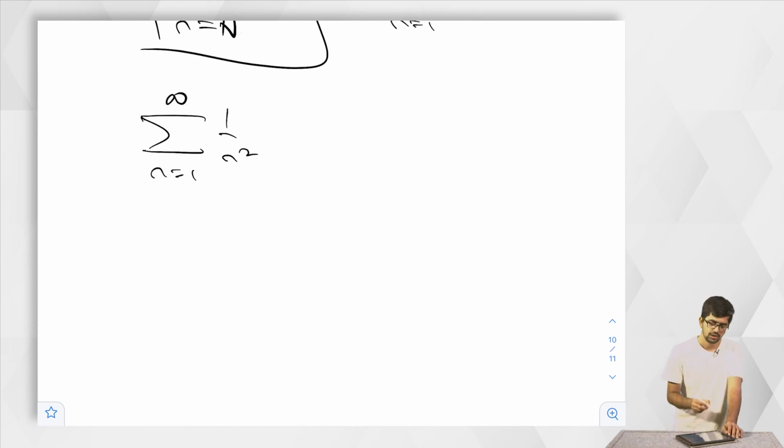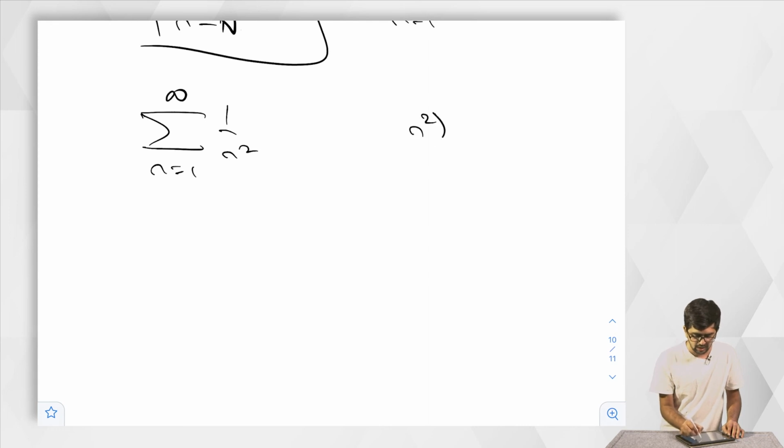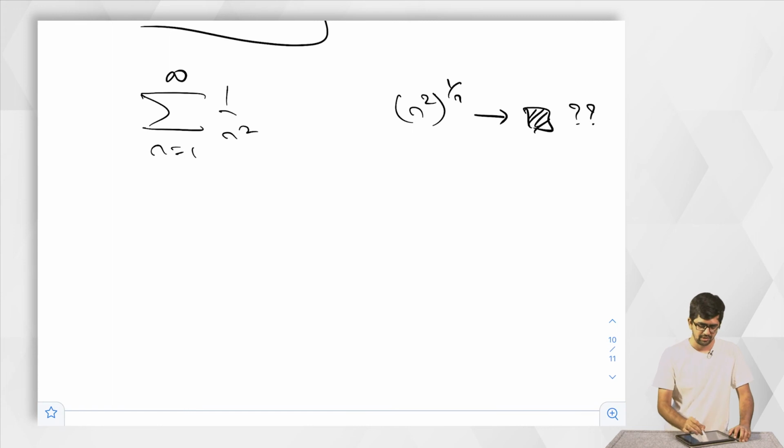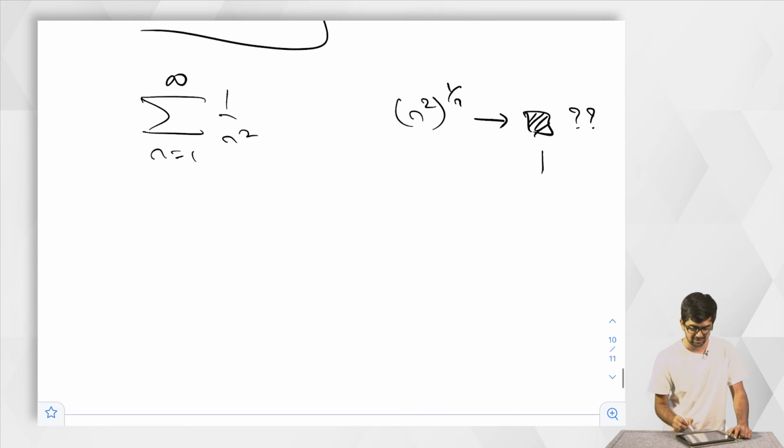What we need to do is, for each n we have to consider the following: n square power 1 by n. Where does it converge to? Now I am leaving it to you to check that this sequence is going to 1.